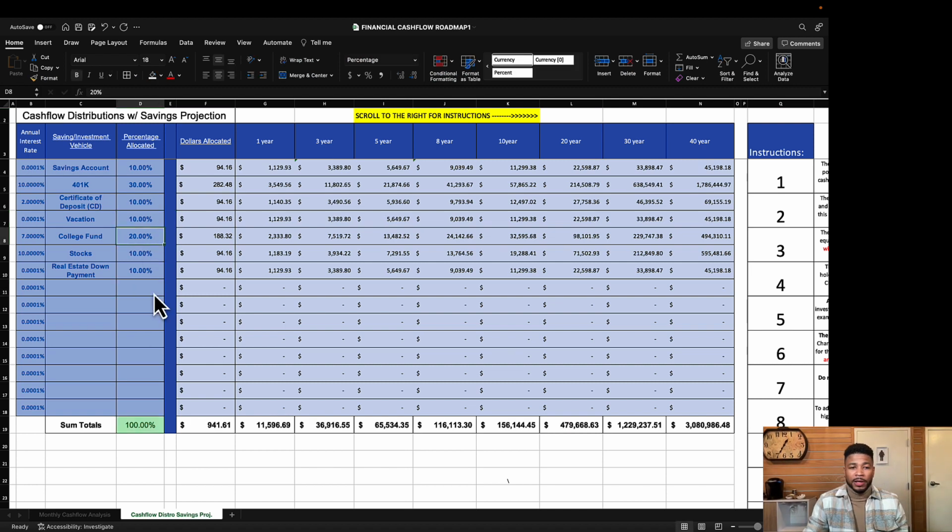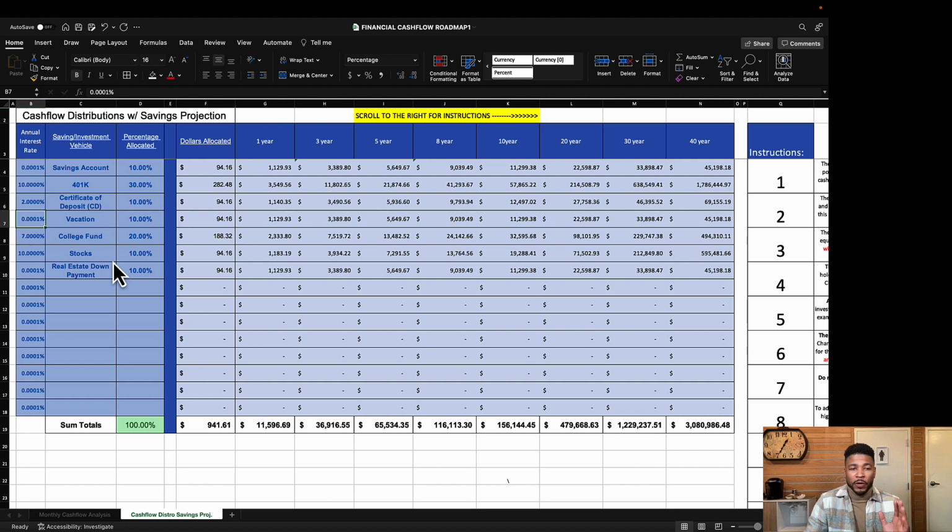And you can see percentage allocated now turns green, and you can see that dollar value actually changed. It's a savings account, so it's not incurring any interest because it's 0.001. It's almost zero. You cannot make this number zero, but we're going to make it as small as possible so that we incur as little interest as possible.